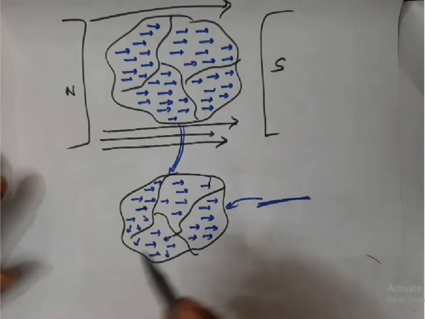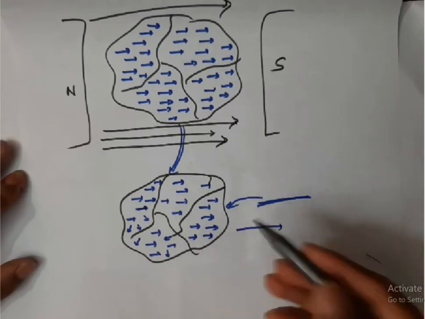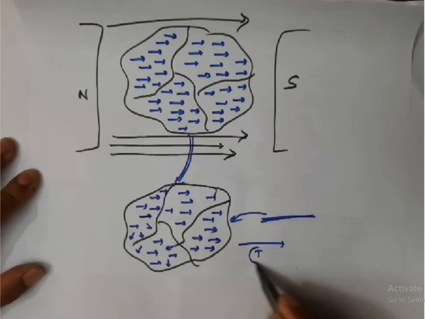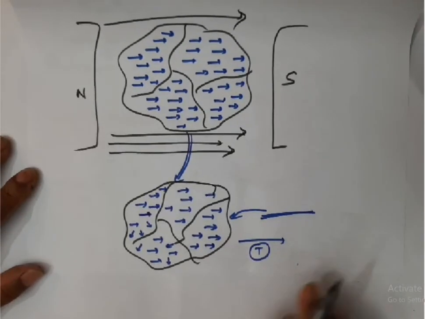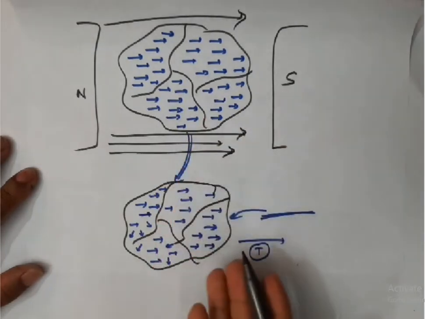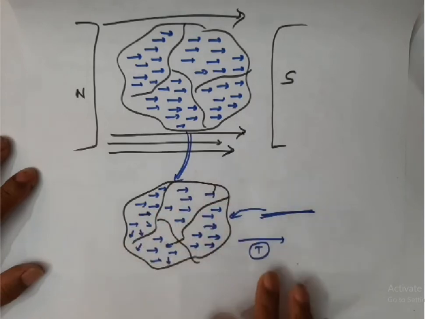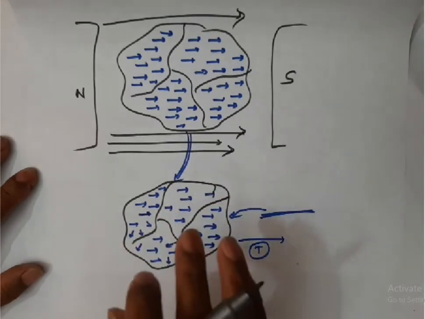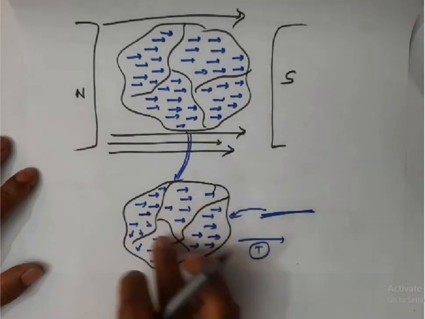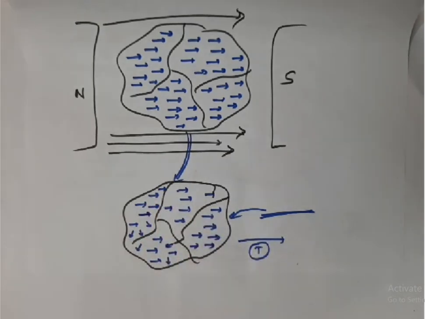Now what will happen as time progresses? Due to the thermal energy available at room temperature, these magnetic moments, by absorbing the thermal energy, start to disorient.